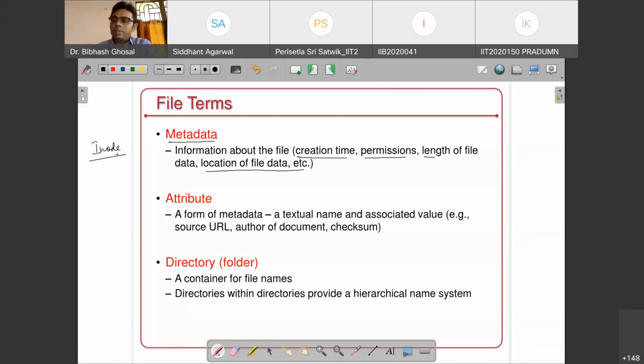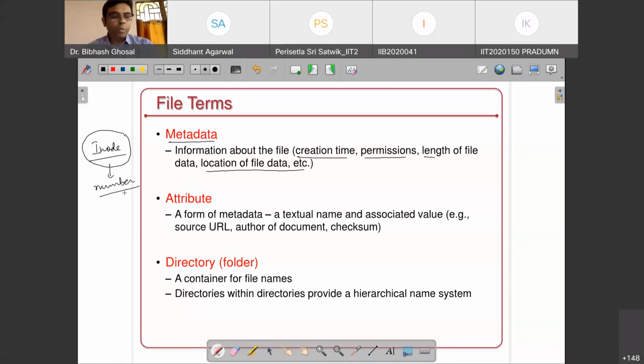This is the one that you will encounter very often. So when we will be talking about files, we will always be referring to an inode. What is it? It is the data structure that holds the metadata of a particular file. How is it identified? It is identified by a number, which we call the inode number.